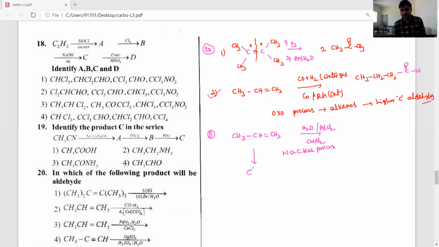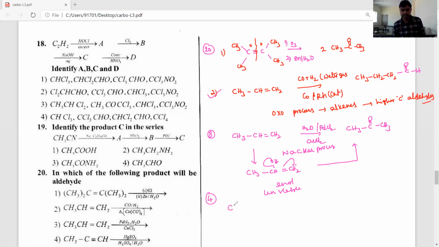Then it is converted into CH3-C(OH)=CH2, an enol, which is unstable and converted into the final product CH3-CO-CH3. Ketone is the product. So in the third option also, a ketone is formed.